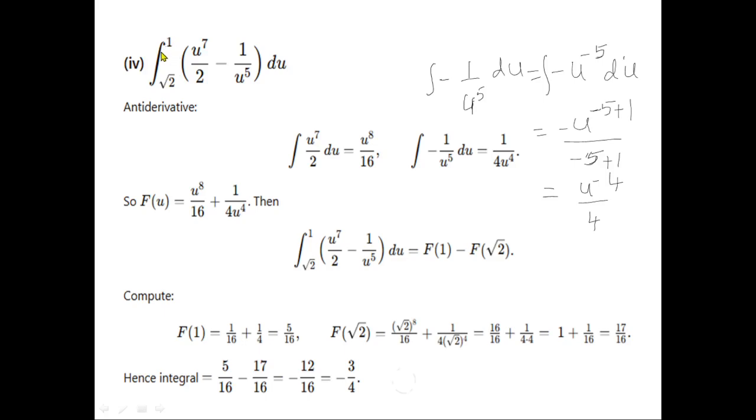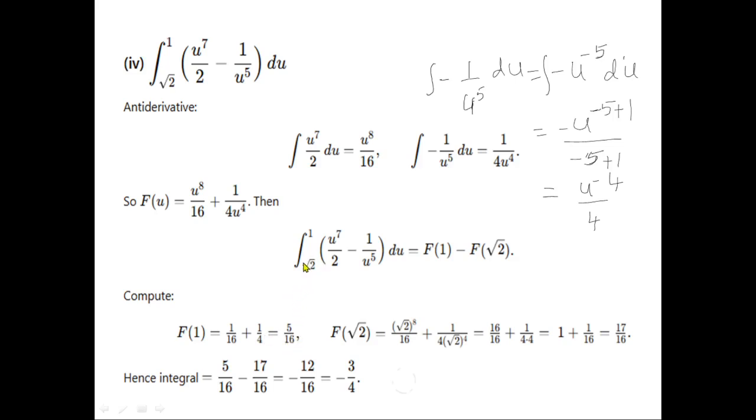That upper limit is 1. When you substitute this upper limit 1, that is f of 1, that equals 1 power 8 by 16, that is 1 by 16, plus 1 by 4 into 1 power 4, that is 1 by 4, that equals 5 by 16.